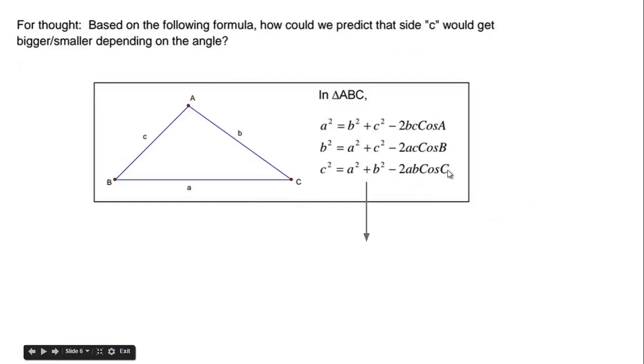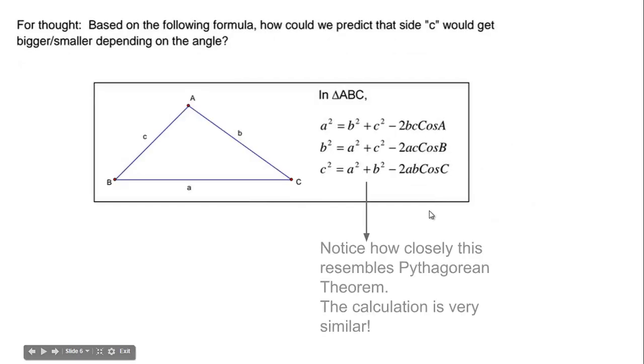I'd always pose that to you and see, how does that get higher? This formula really closely resembles the Pythagorean Theorem. It's very, very similar, but you have another factor that gets subtracted off.